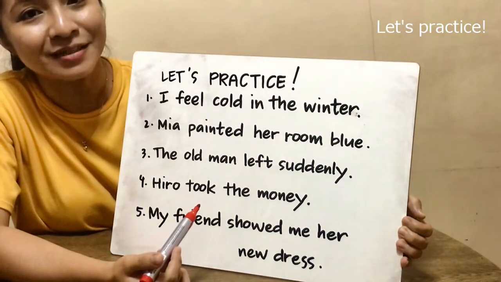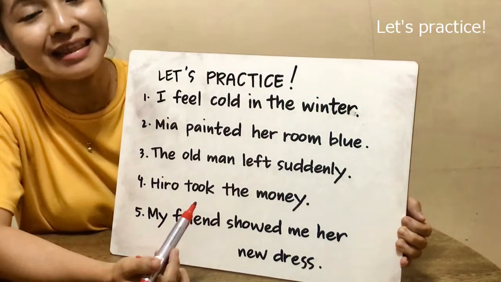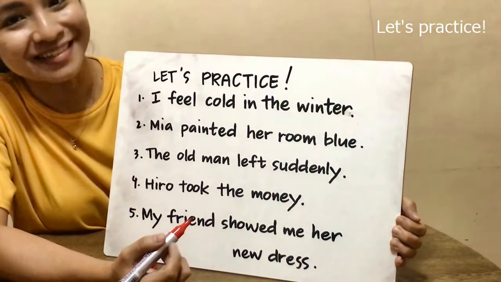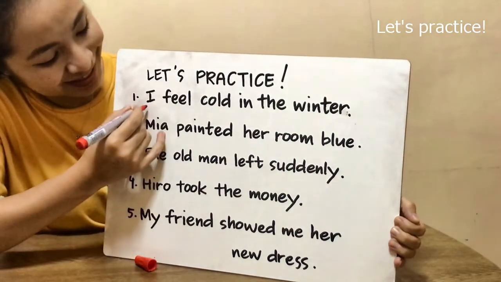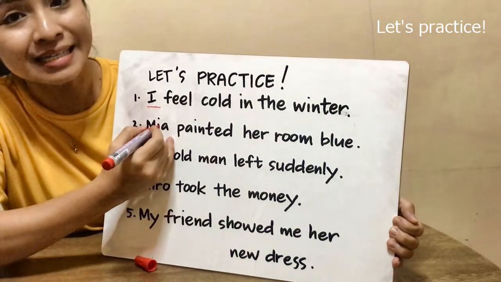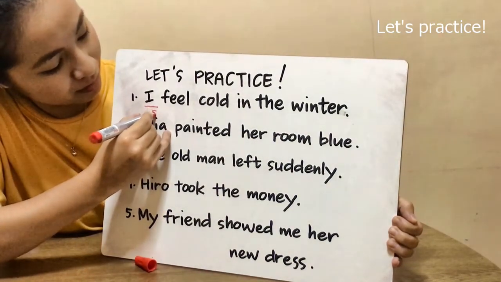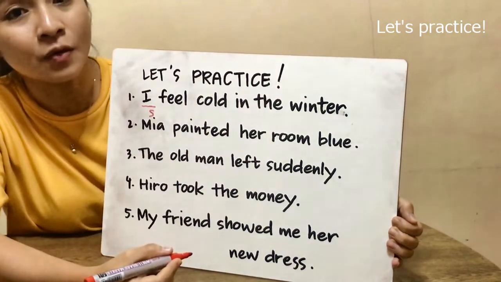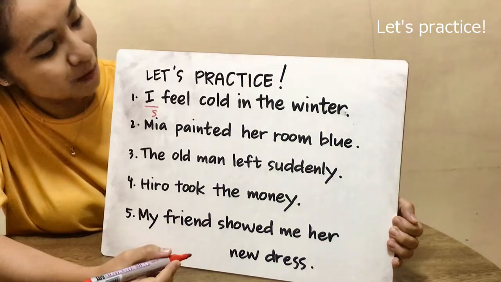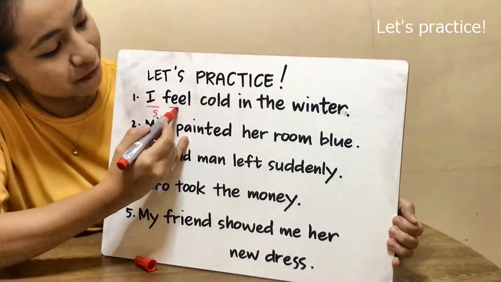So let's identify the subject. Where is the subject in this sentence? Of course, it's I. So I'll just put an S to make it short. Yeah, S stands for the subject. Okay, how about the next word? What do you think? We have here feel.